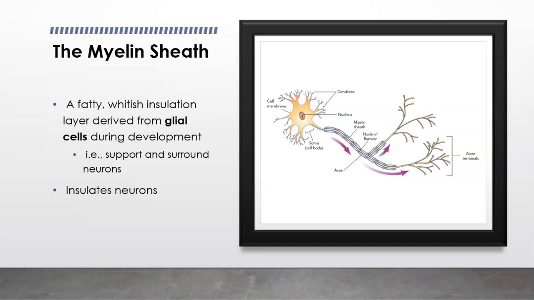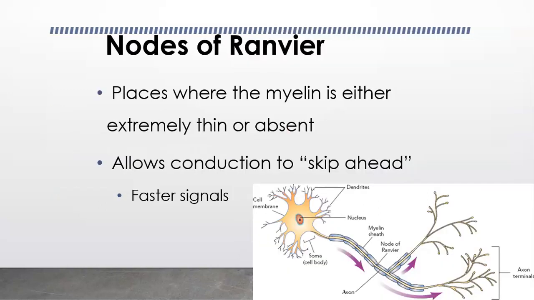Now, in between the myelin sheaths, we have what are called the nodes of Ranvier. Again, my favorite part of the cell. The nodes of Ranvier are these little spaces in between the myelin sheaths, and they allow the action potential to skip ahead, which leads to faster signaling.